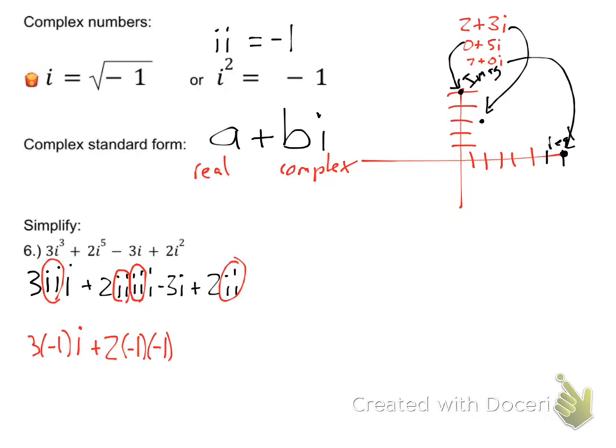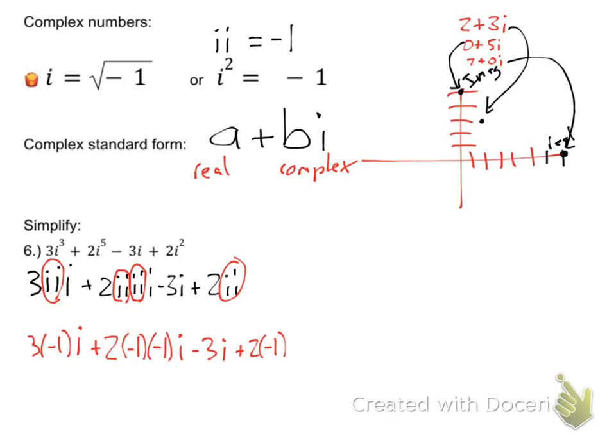Another negative 1. And again, an i left over. Not changing anything on the negative 3i. And then it becomes 2 times negative 1. Does everybody see that I just took all of the groups that I had and changed them with parentheses to a negative 1?